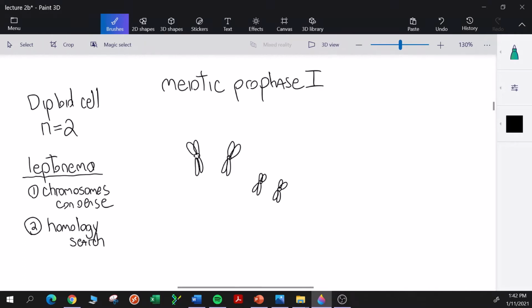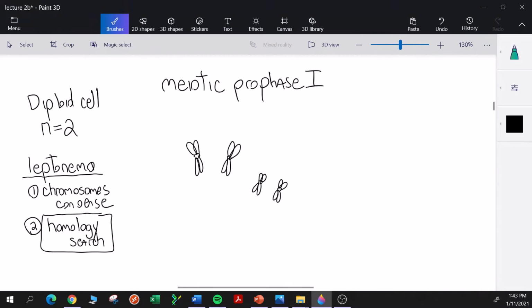Homologous chromosomes do not pair up during mitosis, but they must be paired during meiosis. And the process that pairs the chromosomes is one of the least understood aspects of meiosis.